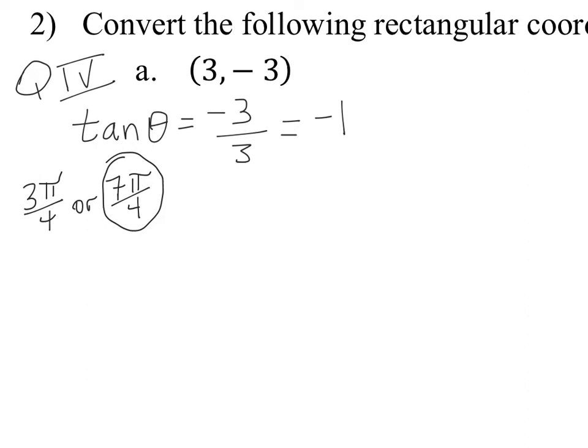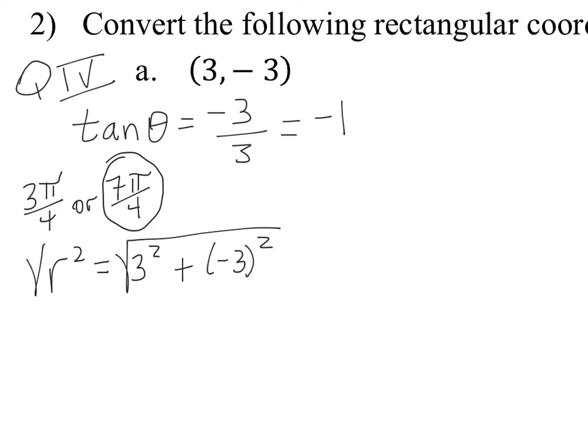Now the radius is going to be determined by the Pythagorean theorem. r squared equals x squared plus y squared, and then we take the square root to find r. So r equals the square root of 18.